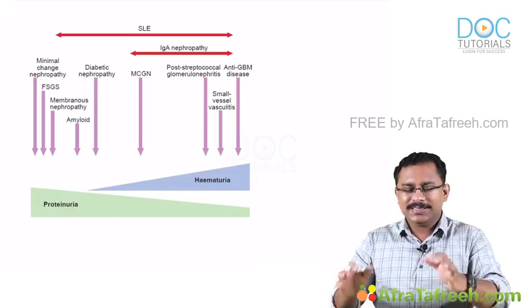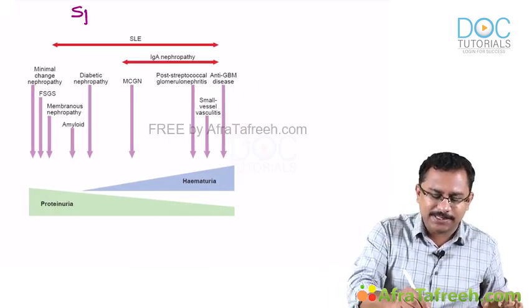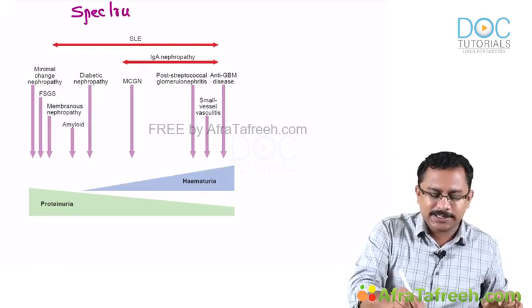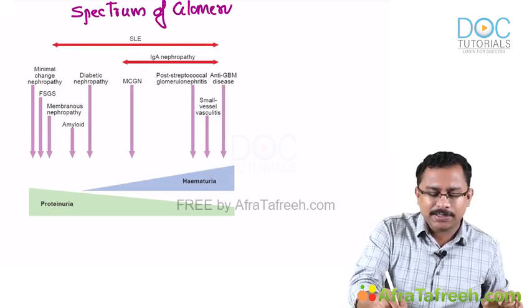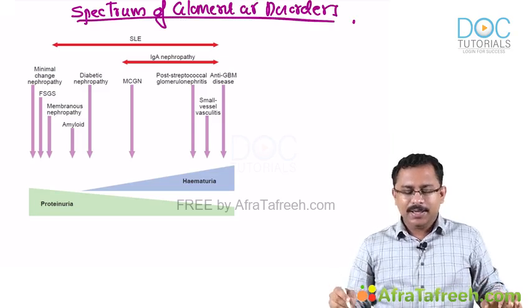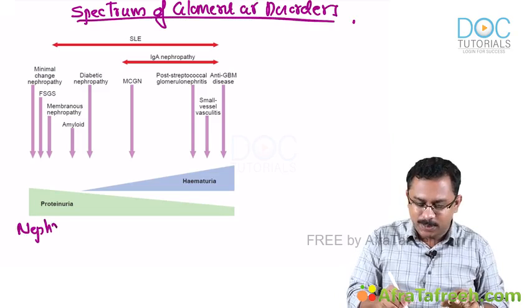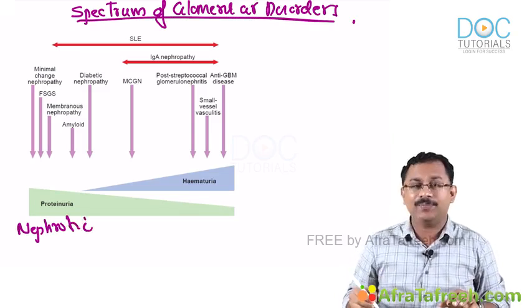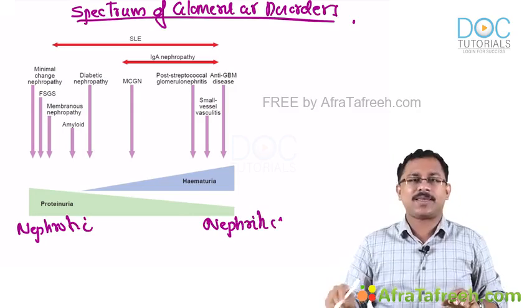Now I'll just show you again a picture. This is an overview of the spectrum of the various glomerular disorders, where you can see on one side a nephrotic presentation with significant proteinuria, and on the other side a significant nephritic presentation.